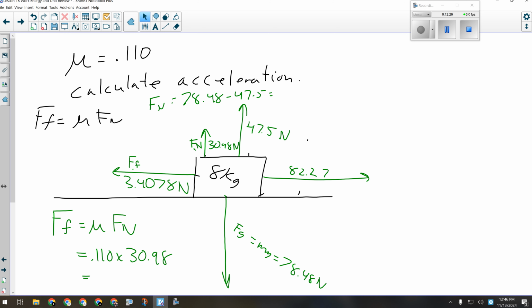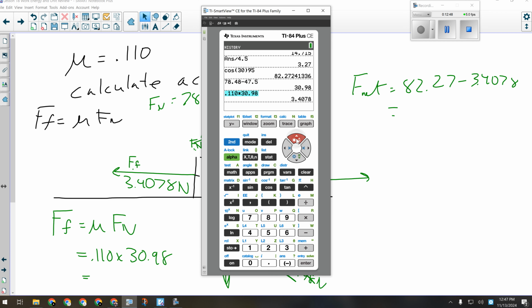So now, can I calculate the net force? I already know these forces all add up to 0, so I don't even have to factor them in. I can just say that F net is 82.27 minus 3.4078. There's my net force. Divide that by my mass, which was 8. There's the acceleration of that box.